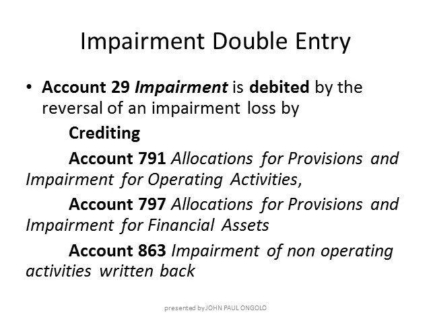If there is any revaluation surplus remaining, that is when we recognize the revaluation surplus remaining in the revaluation surplus account. And to reverse an impairment loss, we debit account 29 and we credit account 791 if we are looking at operating activities, account 797 if we are looking at financial assets, and account 863 if we are considering non-operating activities which were written back.